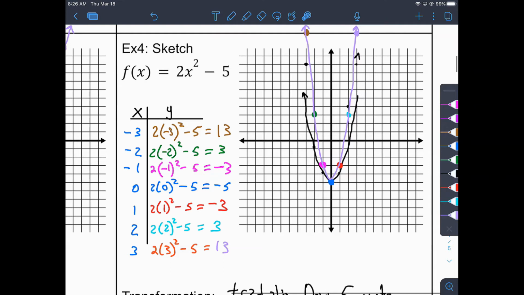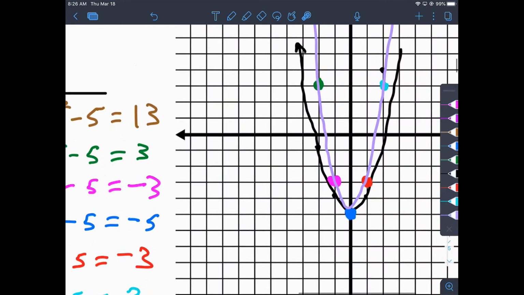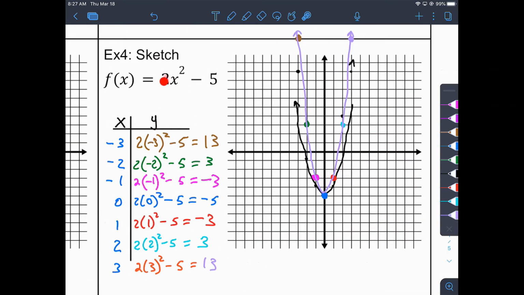And sure enough, there's a 2 for the a value. Likewise, we could see that with the next point. If I go over 2, this is 1, 2, 3, 4 units up on the parent. But on the purple function, it is 1, 2, 3, 4, 5, 6, 7, 8. It is 8 units. It's twice as far away. Hence, the 2 tells us it's going to double the distance away.